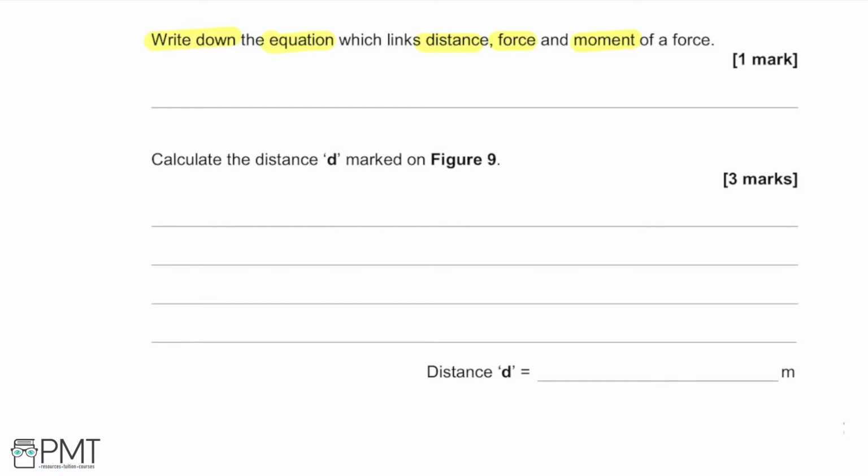So the moment of this force is the force multiplied by the perpendicular distance. This is 1 mark, so it's just looking for me to basically state that equation. So I can just write it down that the moment of a force is equal to the force, and that's going to be multiplied by the distance.